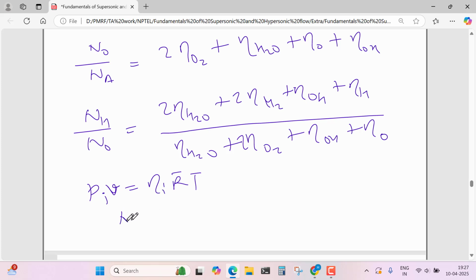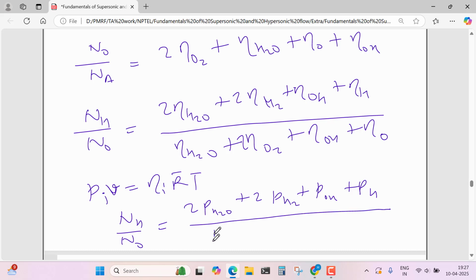So we will get N_H upon N_O equal to 2 P_H2O plus 2 P_H2 plus P_OH plus P_H upon P_H2O plus 2 P_O2 plus P_OH plus P_O.